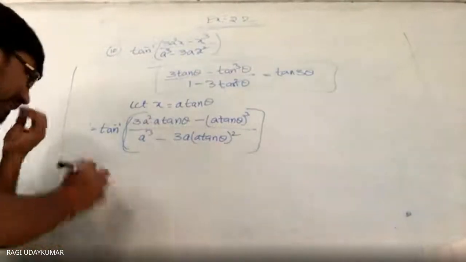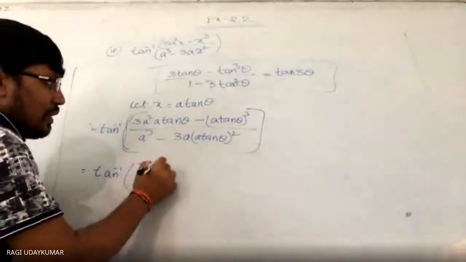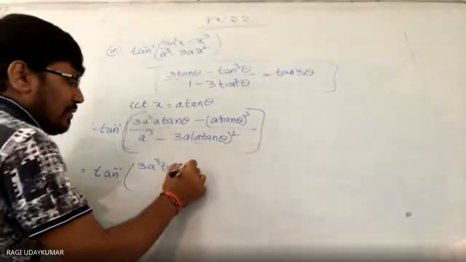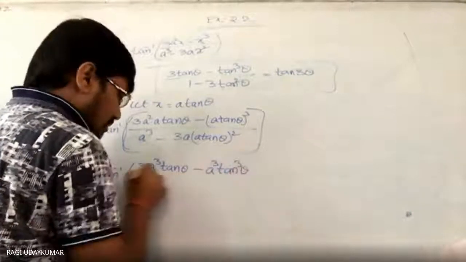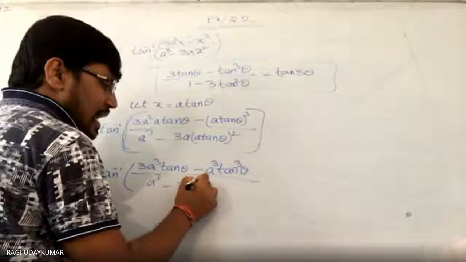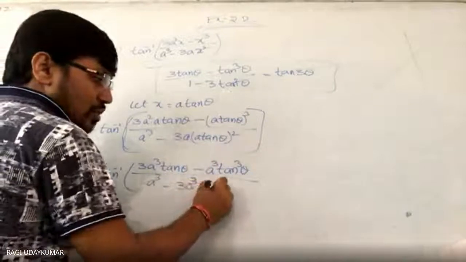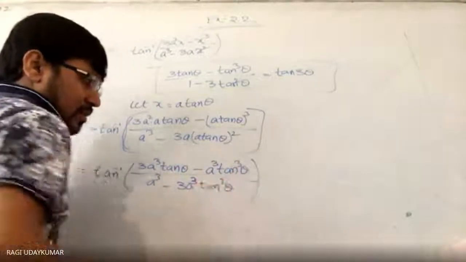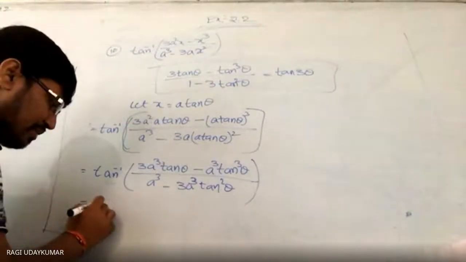So now what you get here is tan inverse of 3a cube tan theta minus a cube tan cube theta by a cube minus 3a cube tan square theta. So now in the numerator take a cube common, in the denominator take a cube common.